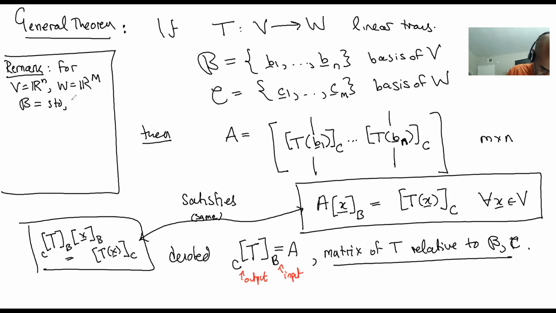That's a special case of this. Then this thing is just equal to the standard matrix, which, if you recall, is just T of E1 up to T of En.